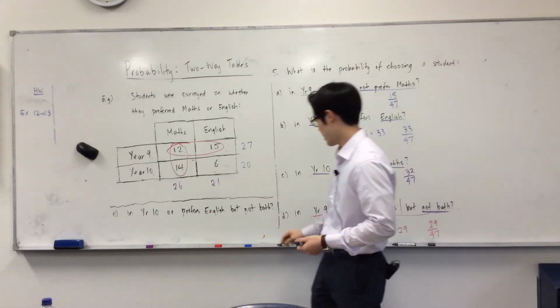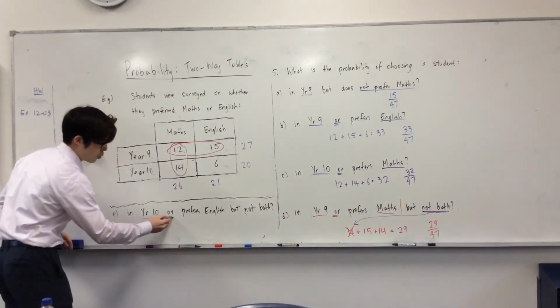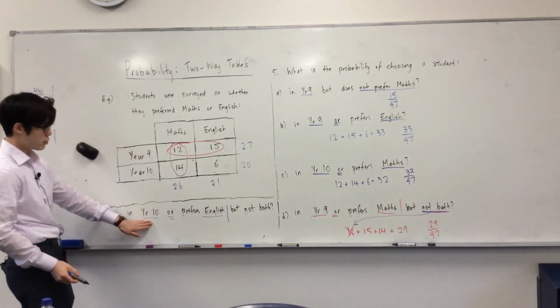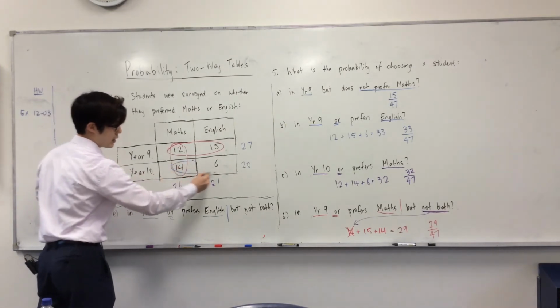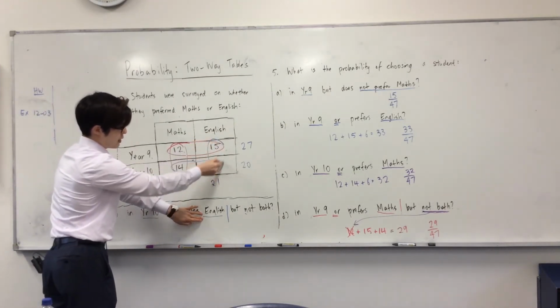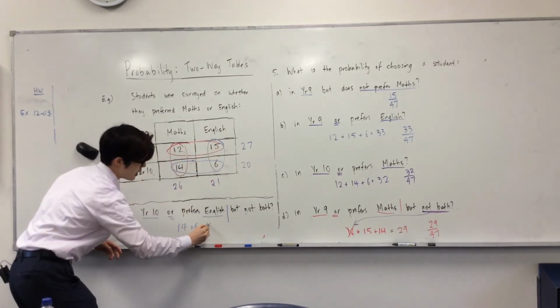Okay, we want to be doing the same thing in the next question here. How many students are in year 10 or prefers English? Let's just look up to here. So year 10 students, that's all the numbers across here, 14 and 6. And all the numbers under English, that's 15 and 6. So 14 plus 6 plus 15. Okay.